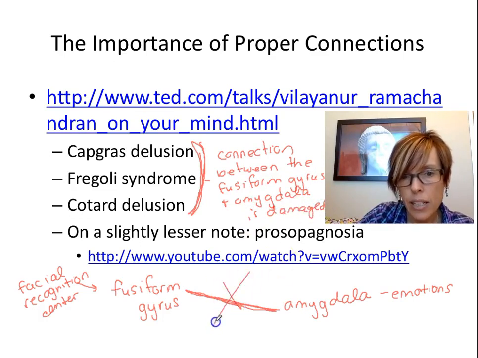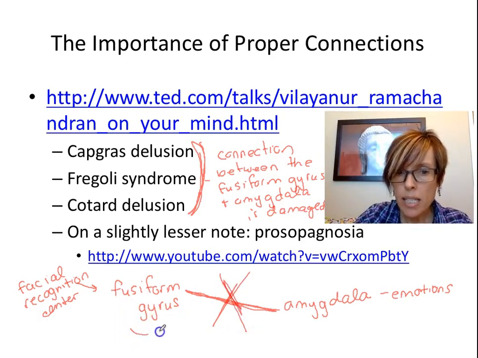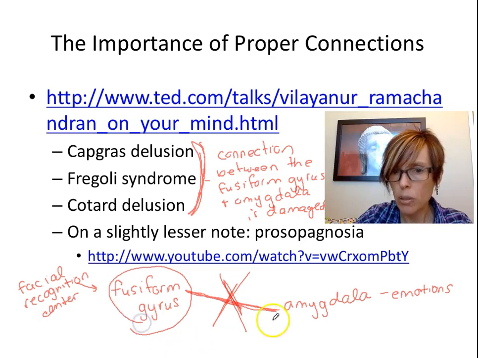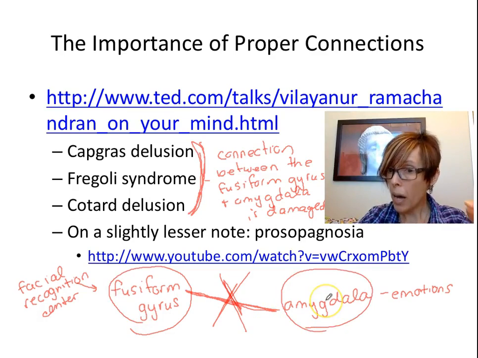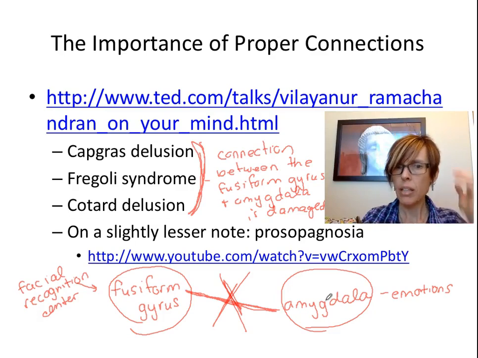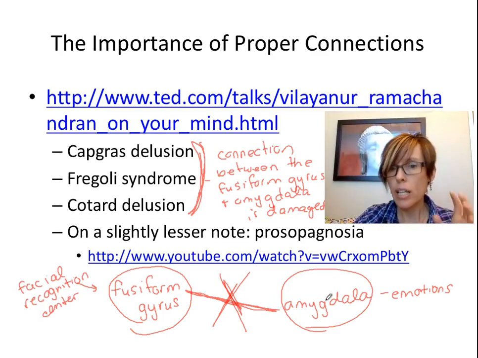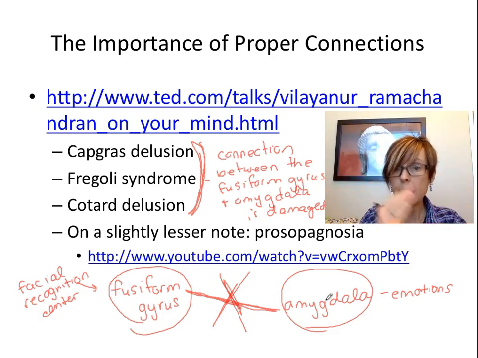Okay, so this connection is damaged, right? So what this means is that the individual can recognize people and they can feel emotions, but they're not going to put an emotional component to that face anymore. Okay, so again, that same deficit will result in three different symptoms.